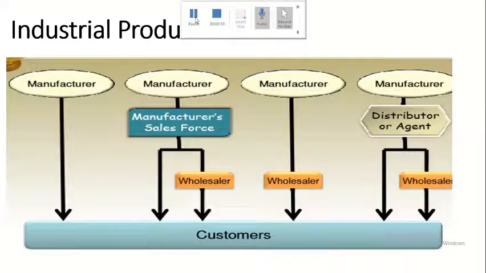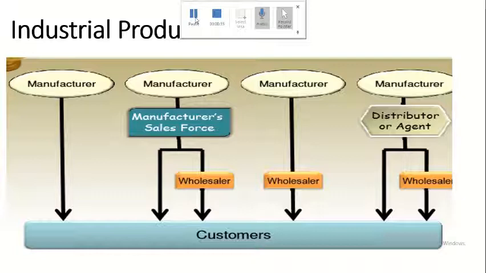Marketing channel alternatives for the industrial or business product company. With customer channel, product, and characteristic have an impact on channel structure. The basic elements are the manufacturer sales force, distribution origin, and wholesalers.